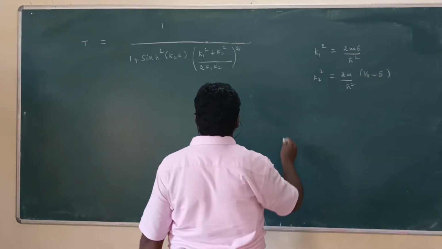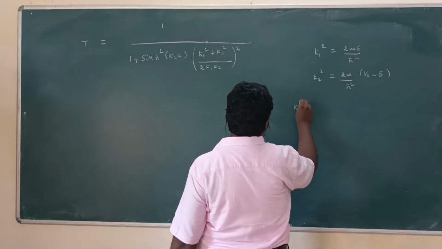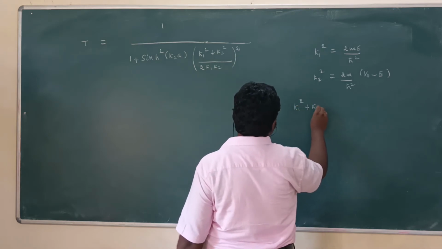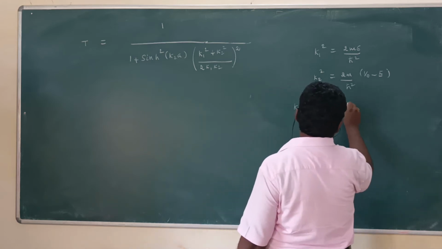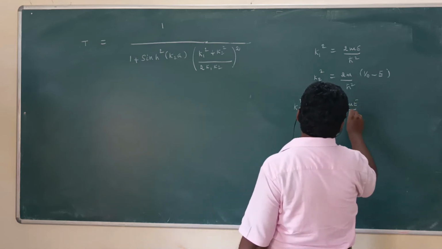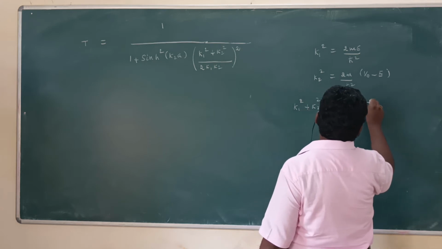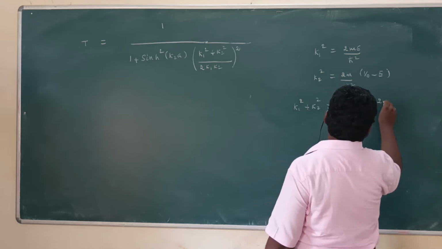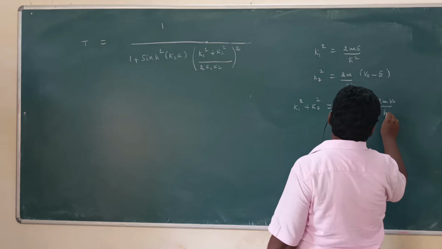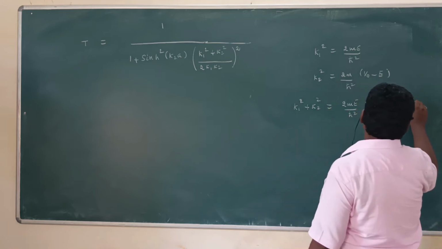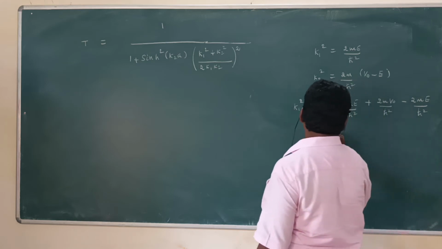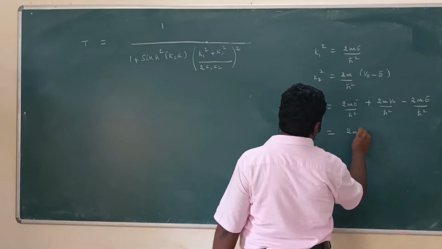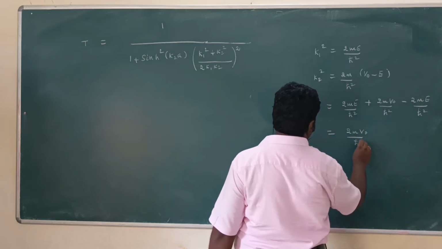Therefore, k1 square plus k2 square equals 2mE by h cross square plus 2mV0 by h cross square minus 2mE by h cross square. This is equal to 2mV0 by h cross square.